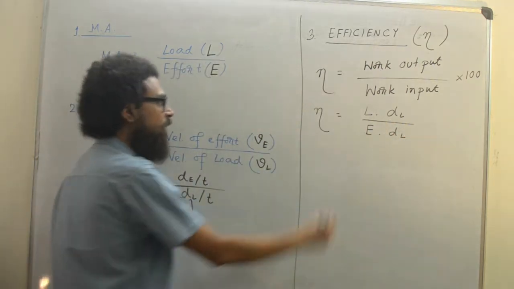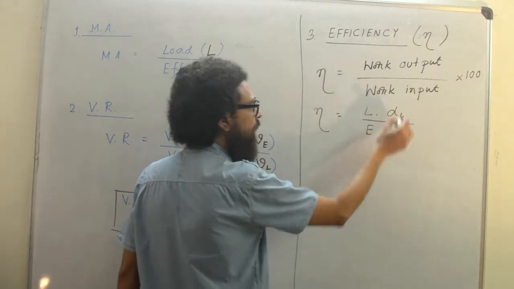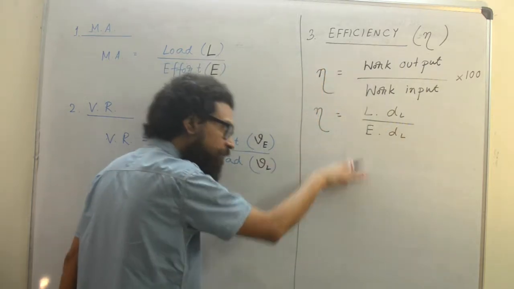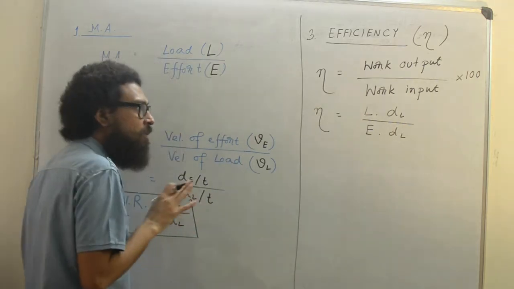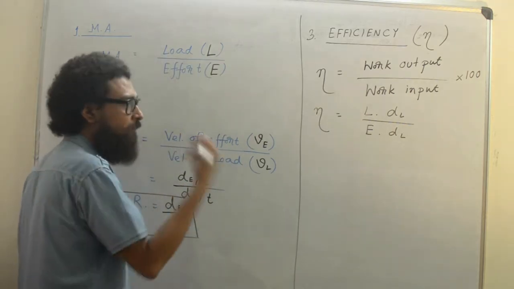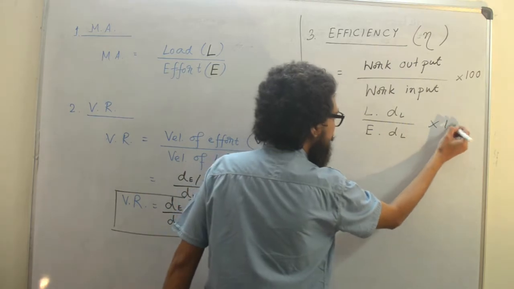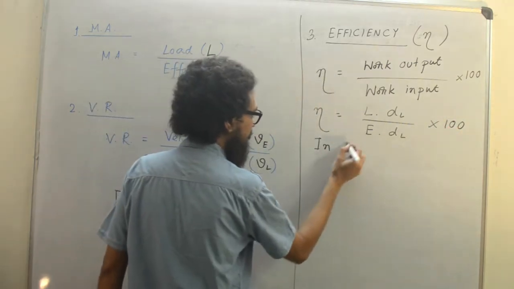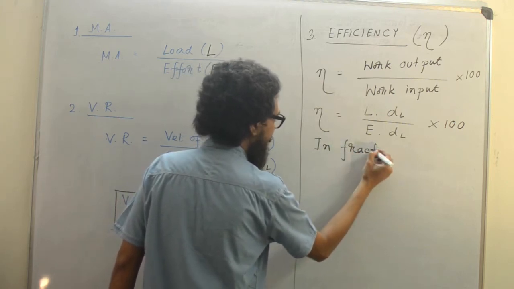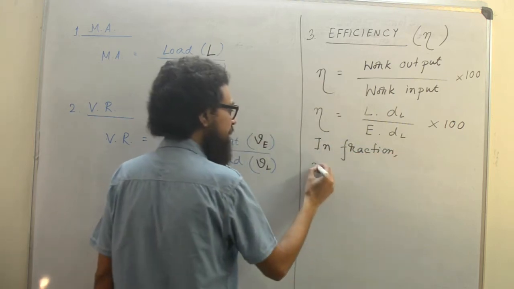Okay, great. So this is the definition. Now I am expanding the expression. So this is the factor. Great, good, no issue. So times 100 is there. Now in fractional form, what is eta?